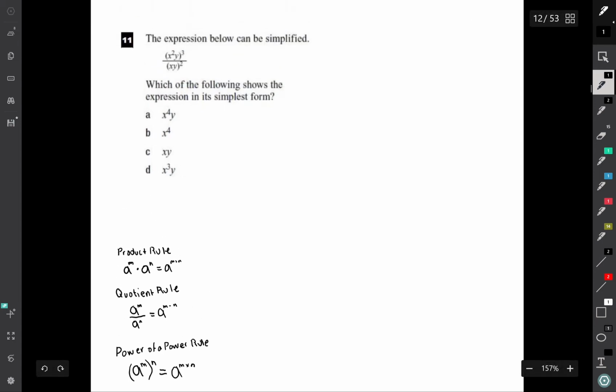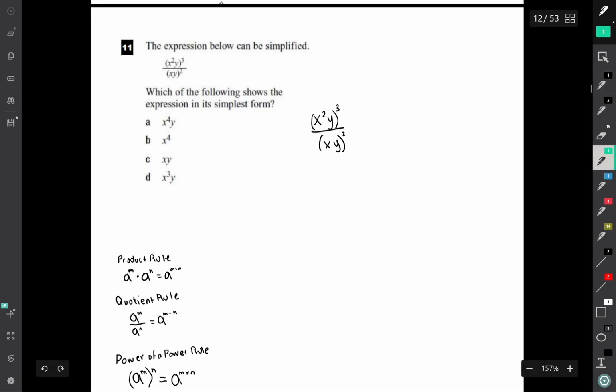All right. So start by just rewriting it. We have (x squared y) exponent 3 over (x y squared). Okay, so first thing I do is I look to see if I can simplify inside my brackets. And I can't actually, because if I look at the top of my fraction bar, I can't combine the two terms, the x squared and the y.